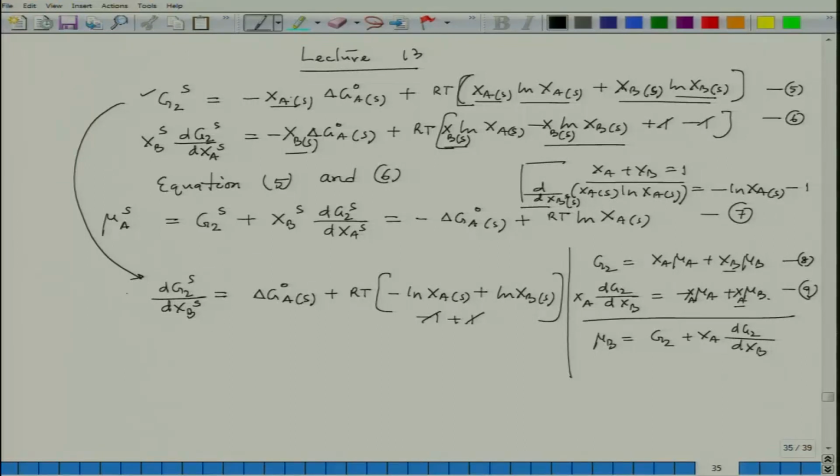So, then if we multiply this one with XA solid, this equation is let us say 10.